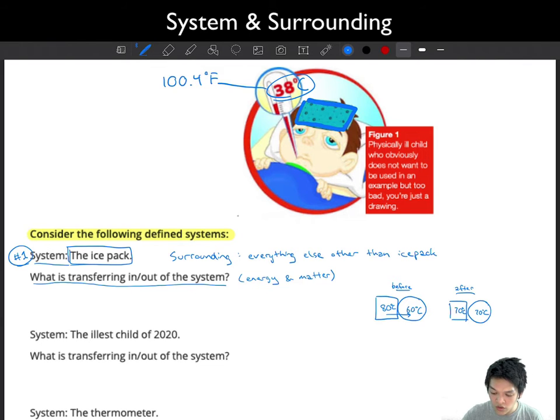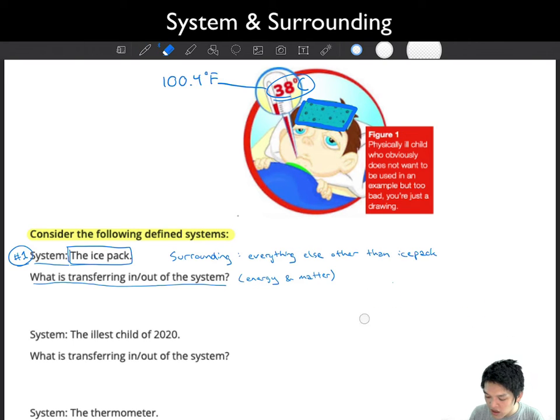So in the case that we're talking about, with the kid and the ice pack, the ice pack will eventually absorb enough heat until it's about the same temperature as the kid, okay? And you might be thinking, well, could we say the opposite? Is the cold transferring from the ice pack to the kid? You don't want to think about it that way, okay? You always want to think about it in terms of how heat is transferring.